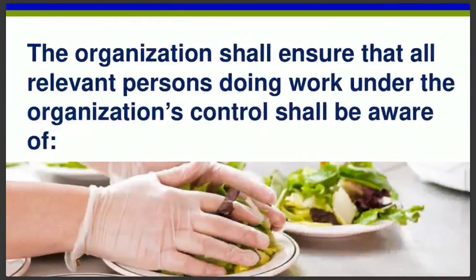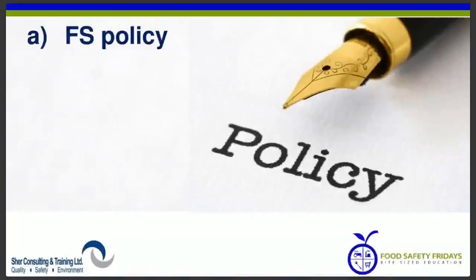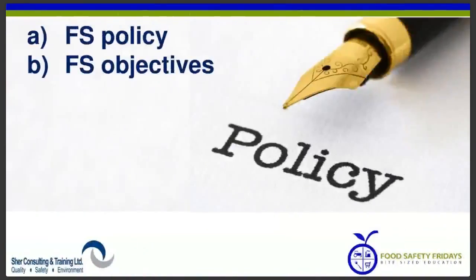The organizations shall ensure that all relevant persons doing work under the organization's control shall be aware of the following. A, the food safety policy. B, the food safety objectives. So I can't just tell you, listen, dear employee, it is your job to wrap the sandwiches according to this work procedure, and this is what you have to do, and I'll show you how to do it.